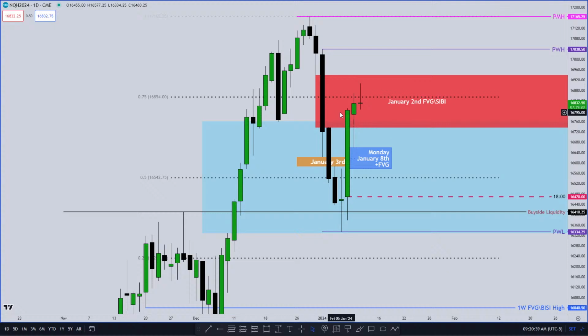So right now we're at 16,832 1/4. That consequent encroachment perfectly lines up with the 0.7 gradient of that monthly dealing range.